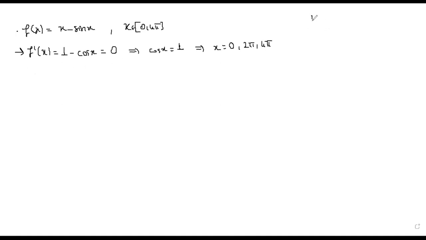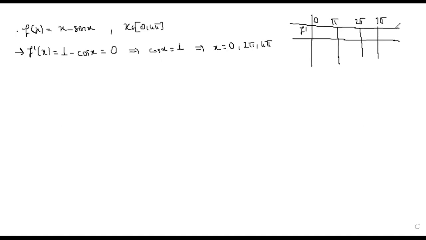And so let's make the table here, f prime. So we have 0, let's note them too, pi, 2 pi, 3 pi, and 4 pi. Okay, we will find f double prime also for concavity.